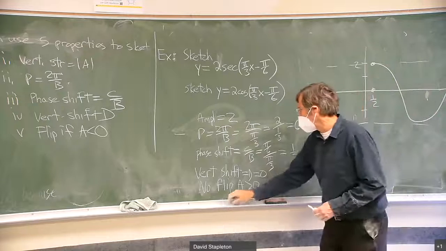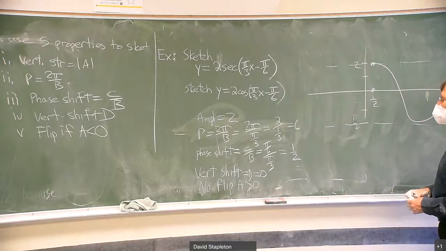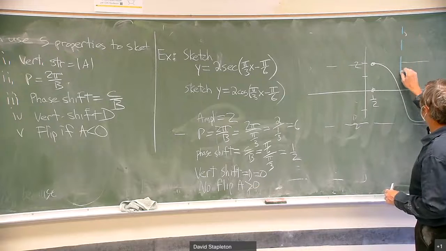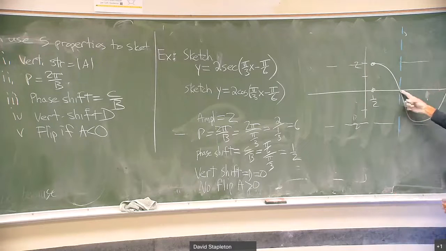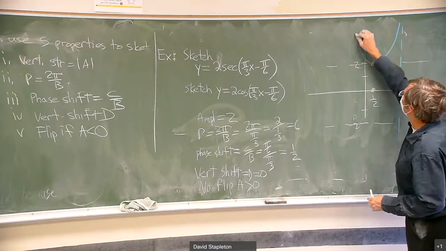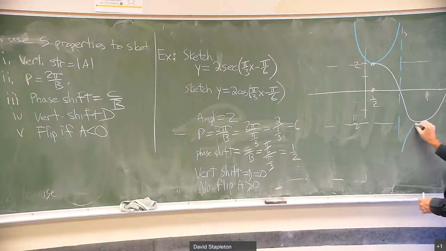Having done the cosine with those same letters, I just draw an asymptote wherever the cosine crosses the midline. I draw a U shape up to touch the peaks, and a U shape down to touch the valleys, and it's exactly like that. So I know these exact points very well.